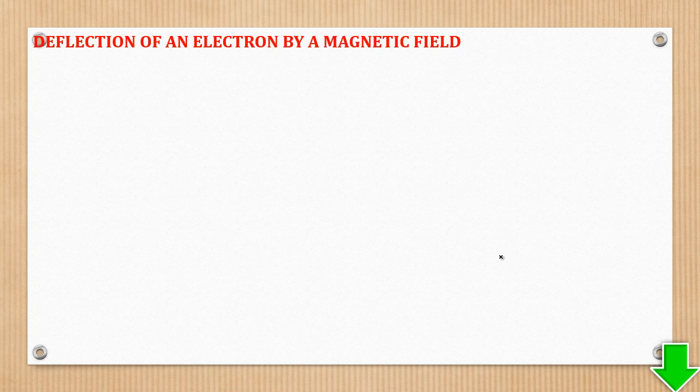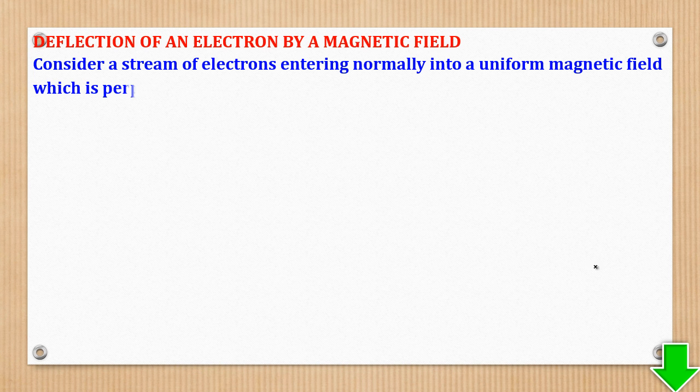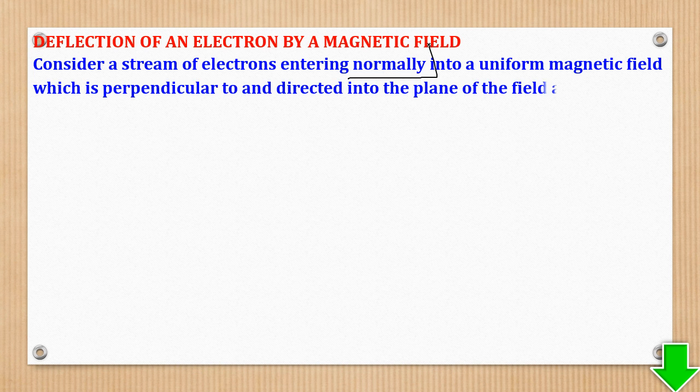So that was force on a charge in a conductor. Now we shall go to deflection of an electron by a magnetic field. So consider a stream of electrons entering normally into a uniform magnetic field, which is perpendicular and directed into the plane of the field as shown below.